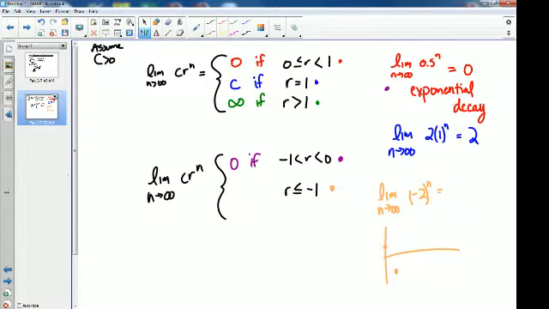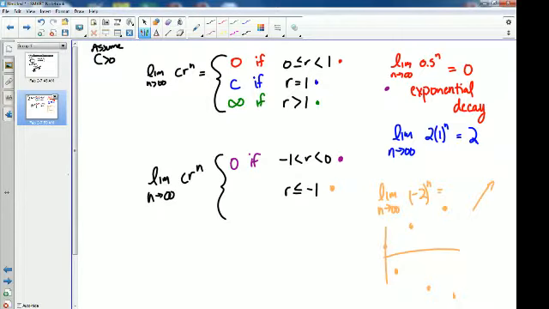What's negative 2 squared? Negative 2 to the 3rd. Does it actually approach infinity or negative infinity? No, it doesn't. It bounces back and forth, right? So it doesn't strictly approach either one.